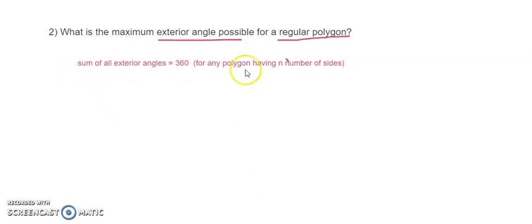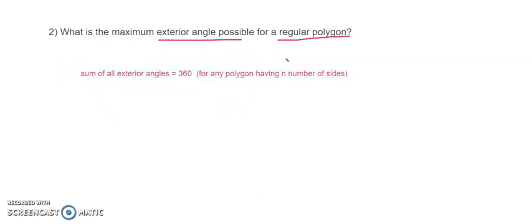So what is the possible exterior angle here? Maximum, the answer is 360 degrees, because just now I said that even if it's a decagon with 10 sides, or a 20-sided polygon or a 50-sided polygon, the exterior angles will always add up to 360. So the maximum possible exterior angle is 360.